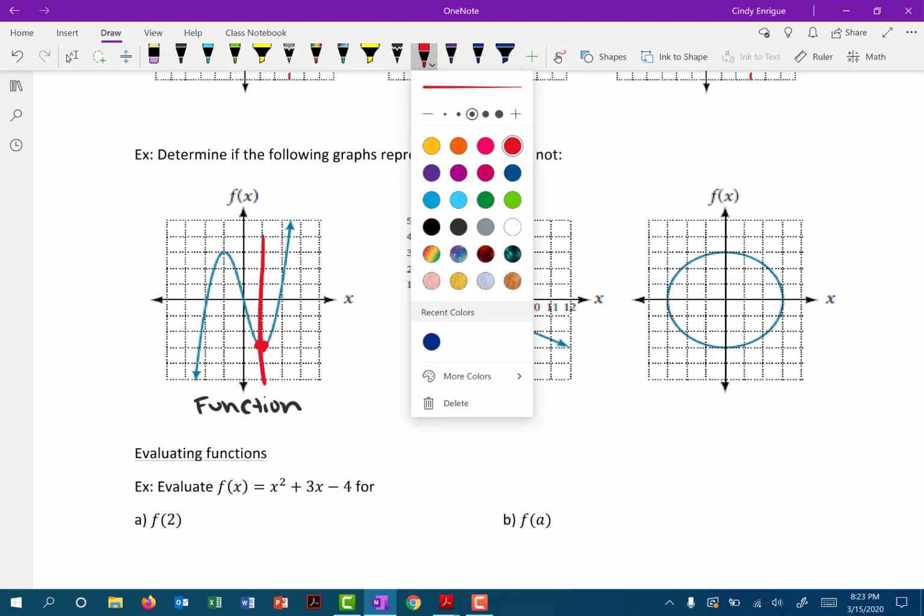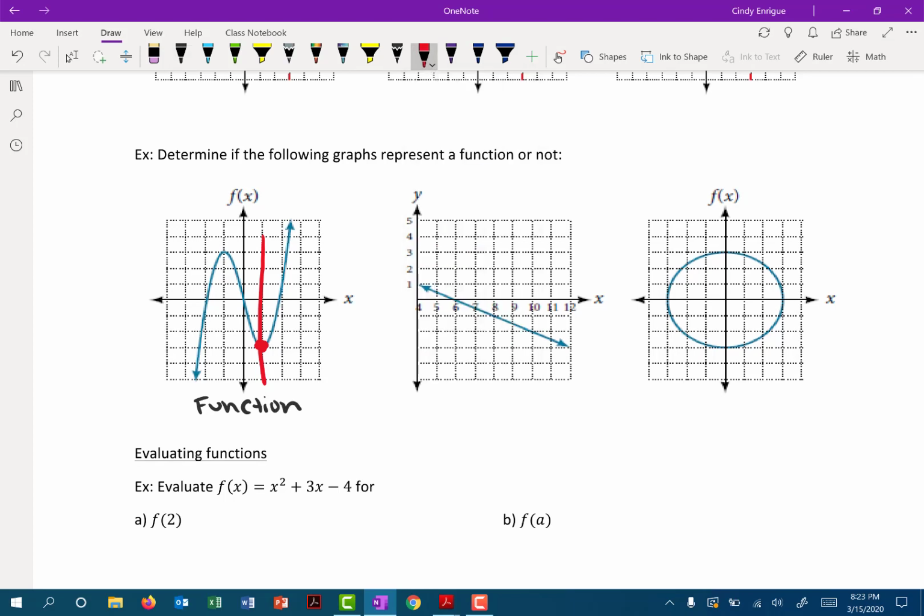And for that second graph, I draw a vertical line and it crosses it once. Therefore, this is definitely going to be a function. And on that last one, that circle, I draw a line and it crosses it twice when I draw that vertical line. Therefore, it is not a function.